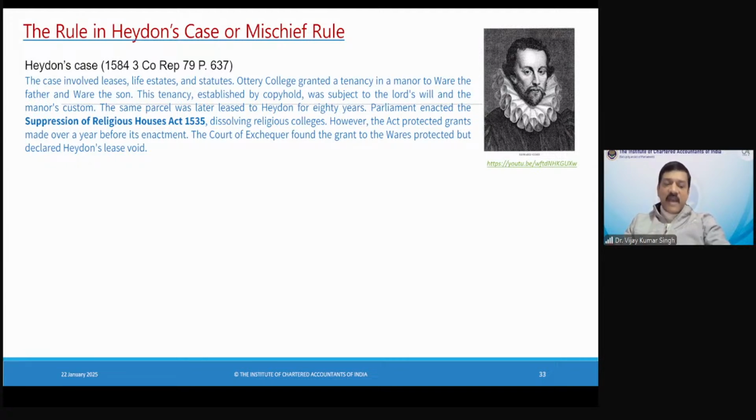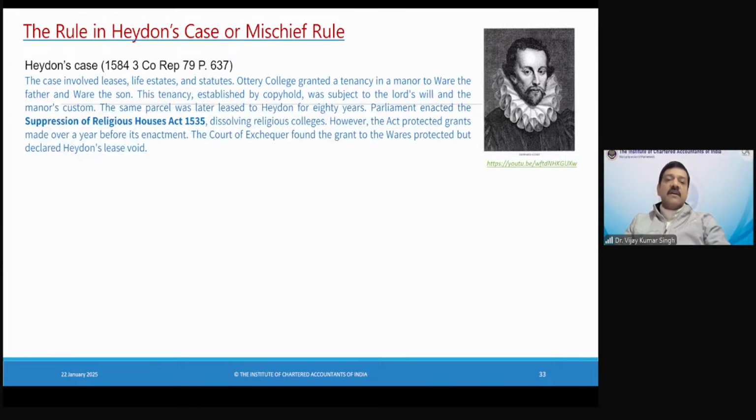In this case, what happened is that the king wanted that the church should get less power, and they tried to come up with a law through parliament. They enacted the Suppression of Religious Houses Act 1535, which basically said that all these particular leases and everything, the land which is there with the churches, will now vest in the parliament, or you can say the state.